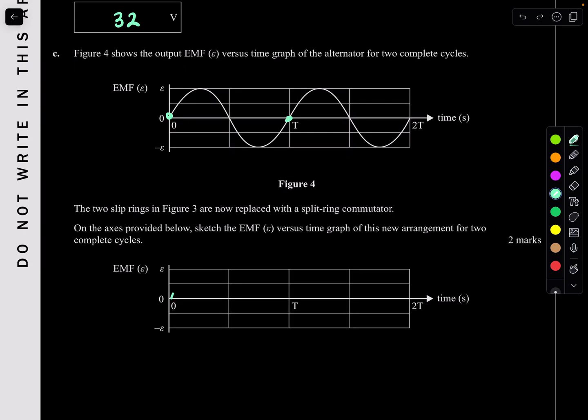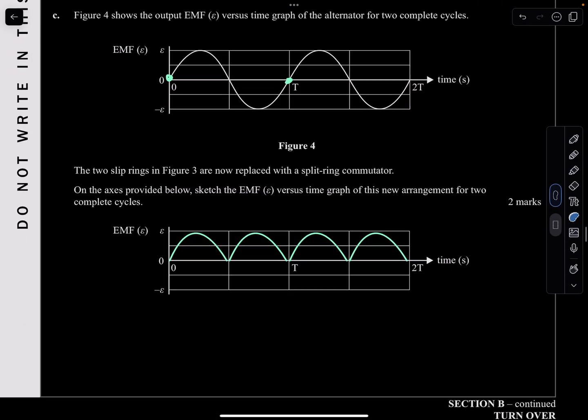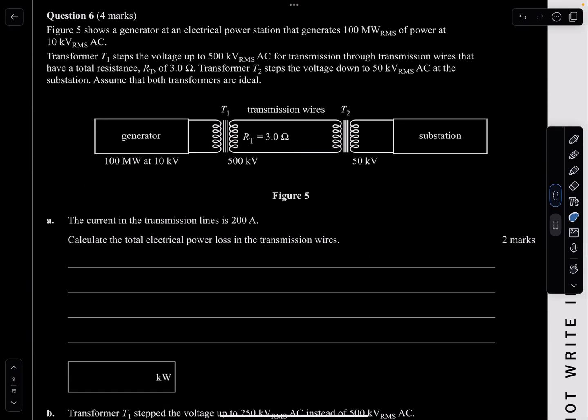I want to draw it nice, so I'm going to copy and paste these, duplicate them, and this is how they look. That's how it should look when you use a split ring commutator instead of slip rings. An easy mark. Done. That's it.